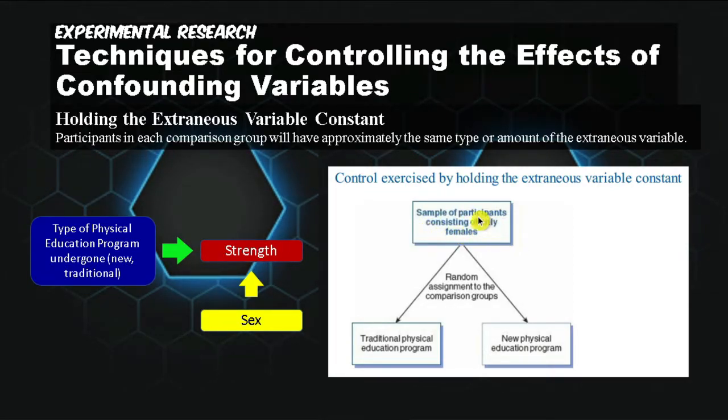From the sample, we stratify first. We select females only, and then randomly assign these female individuals to our comparison groups, the traditional physical program and the new physical education program. That's holding your extraneous variables constant.